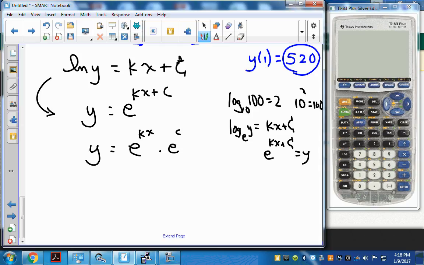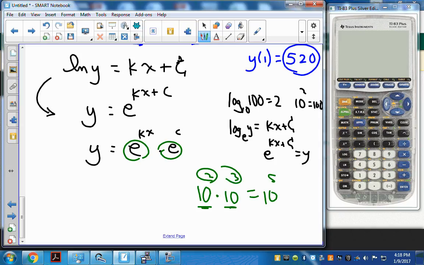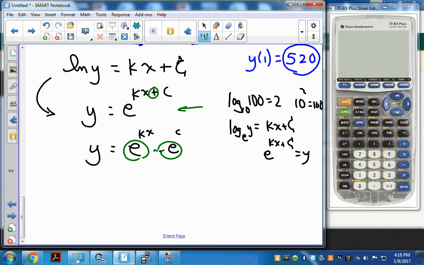Note that when bases are the same, you add the exponents. 10 squared times 10 cubed is 10 to the 5th. Bases are the same, so you add the exponents. Well, that's what I'm doing here. At this line, I have it added, so I'm just going to rewrite that as e to the kx times e to the c, so I can just add the exponents up and get that.